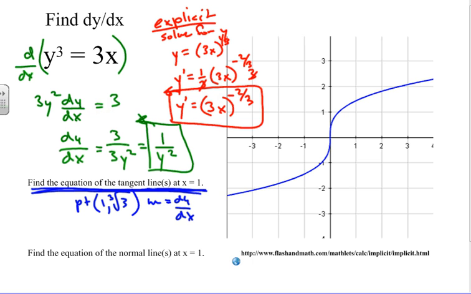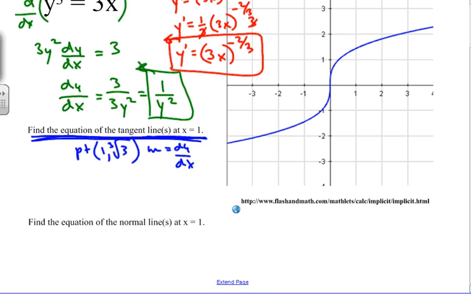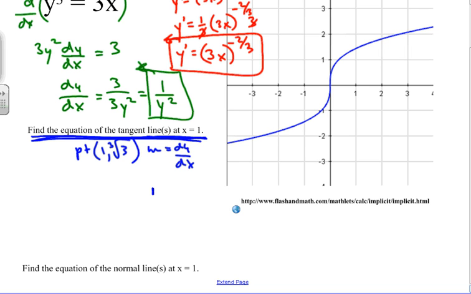So now we're going to take our point and plug it in there to find our slope. I'm going to use this one first. We'll have 1 over y squared. So it'll be the cube root, or 3 to the 1/3 power, squared. That slope is going to be 1 over 3 to the 2/3.